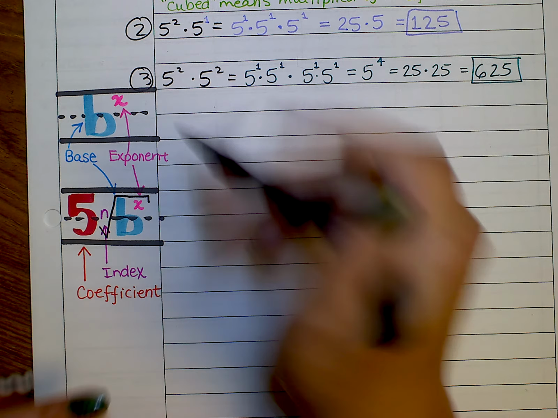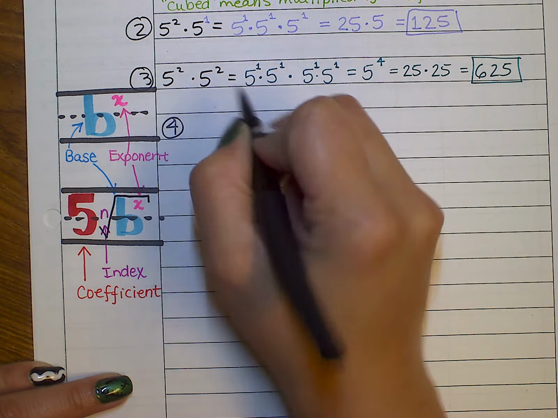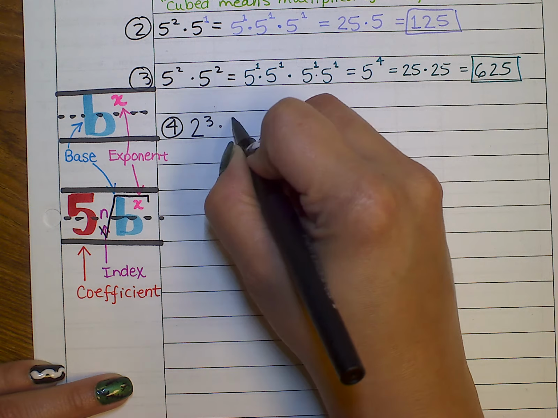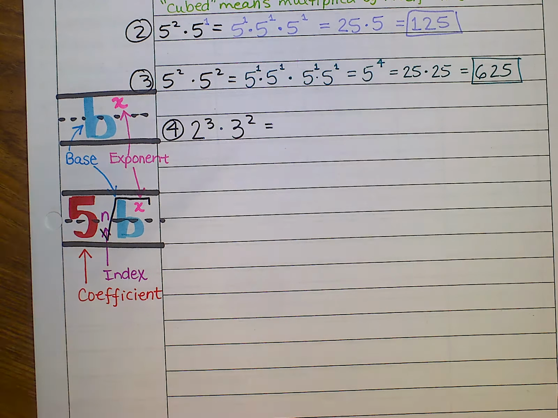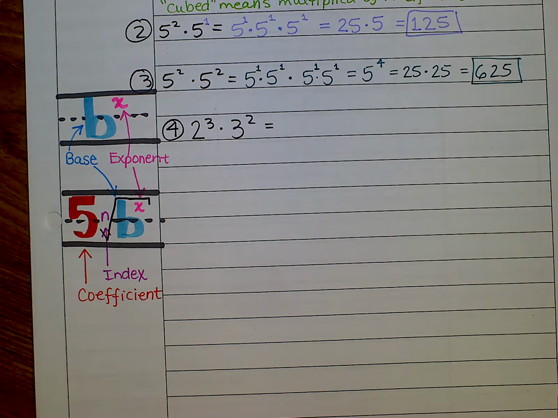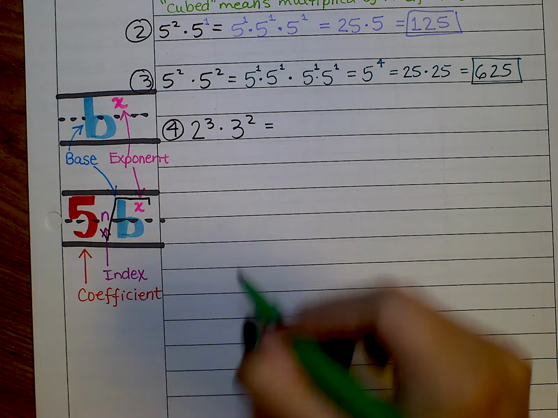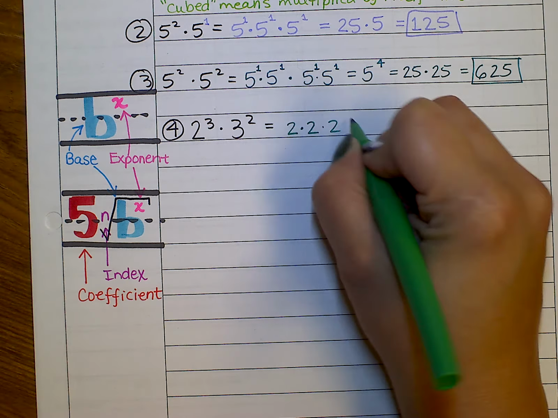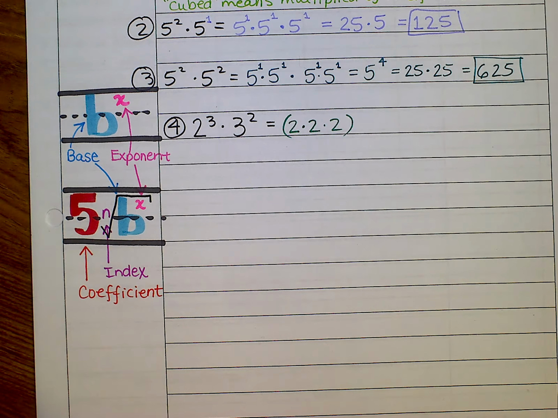So continuing to example number 4, we have 2 cubed times 3 squared. Now here, we went ahead and said that that would be 2 times 2 times 2. You guys even grouped it off for me.